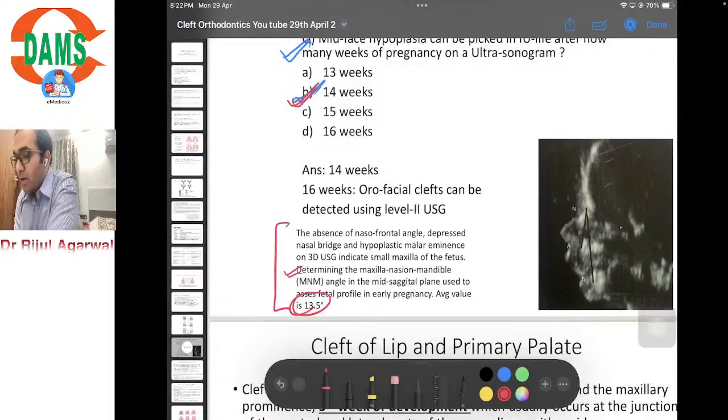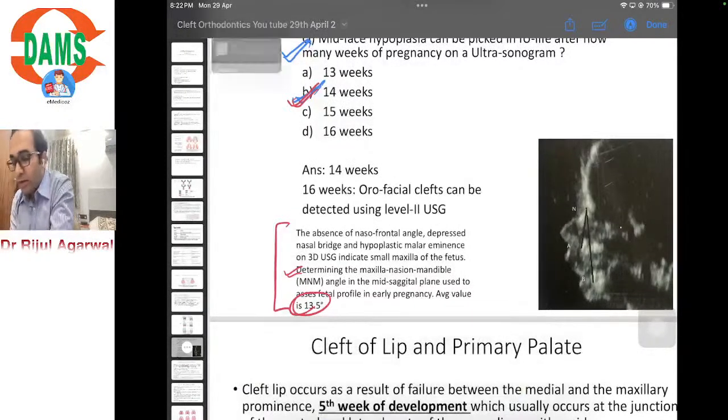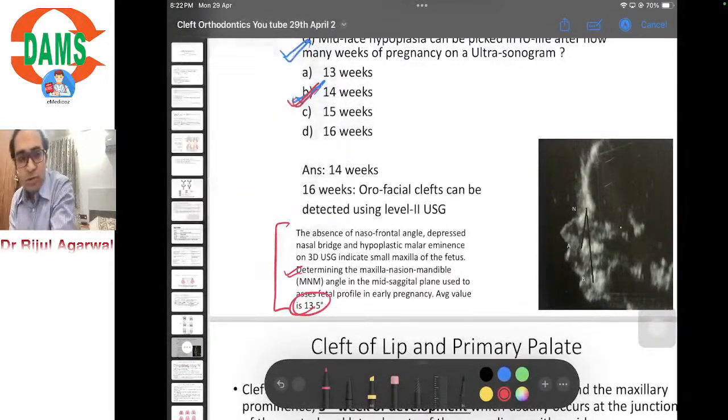Okay, till now we are only able to pick up, at 14 weeks, that there is midface hypoplasia. We cannot say that the midface hypoplasia is because of clefts. For clefts, it can be diagnosed earliest at 16 weeks, and that too by a level 2 ultrasonogram.